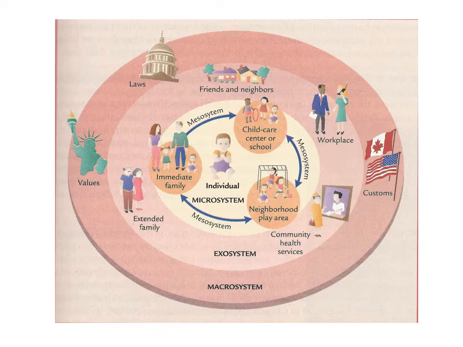For example, parents' workplace, extended family, social worker, but these exosystems still affect the child's development indirectly. And it impacts a child's development by influencing structures in the microsystem.